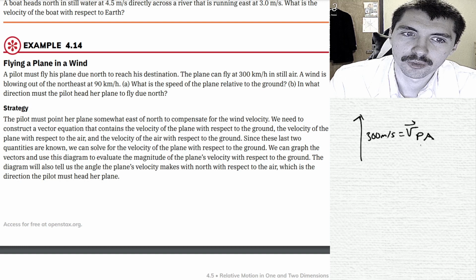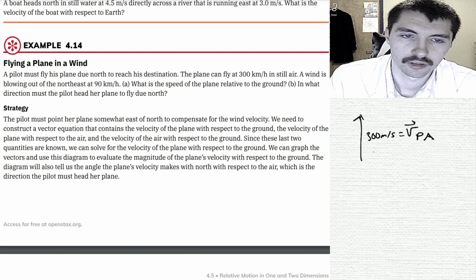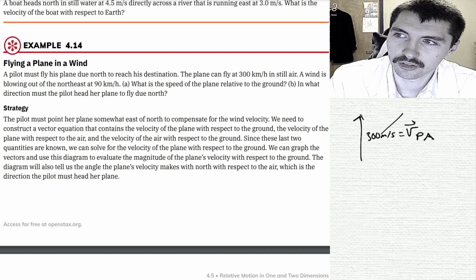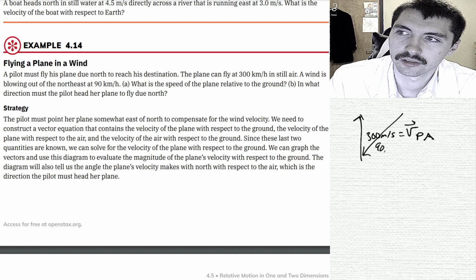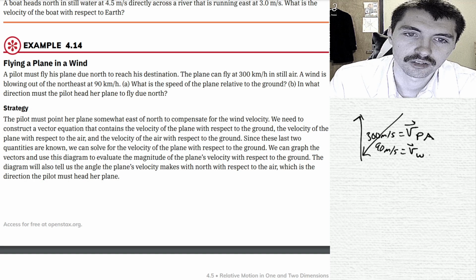A wind is blowing out northeast at 90 kilometers. So I'm thinking it's saying a wind is coming here. Velocity of the wind, negative 90 meters per second, the velocity of the wind with respect to the Earth.